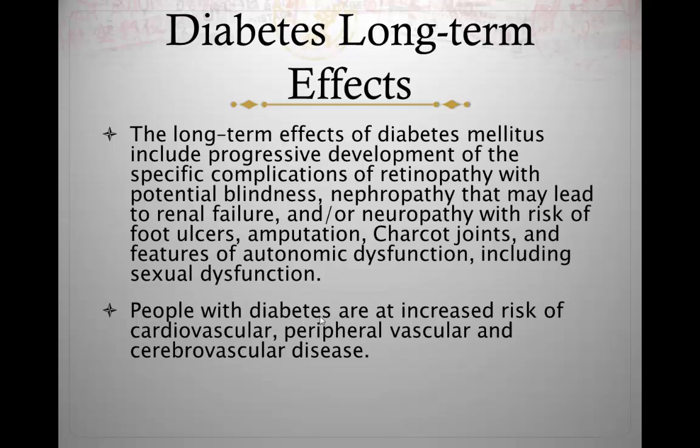For these complications, it's very, very important to screen and diagnose patients. We could do a fundoscopic examination to rule out diabetic retinopathy, which is the most common cause of adult blindness in the United States. Basically, what you would see is focal blurring, retinal detachment.